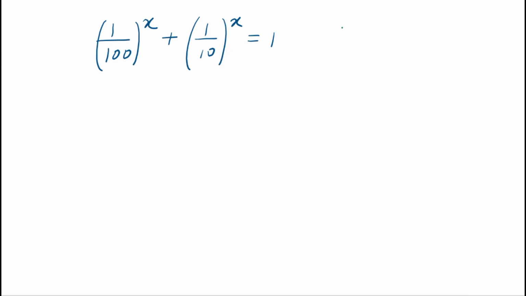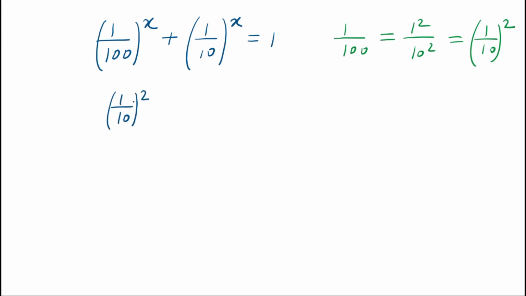Now 1 over 100 is the same as 1 square over 10 square, and this is the same as (1 over 10) bracket power 2. So 1 over 100 is replaced by (1 over 10) whole square, and we get ((1 over 10) whole square) bracket power x plus (1 over 10) bracket power x is equal to 1.